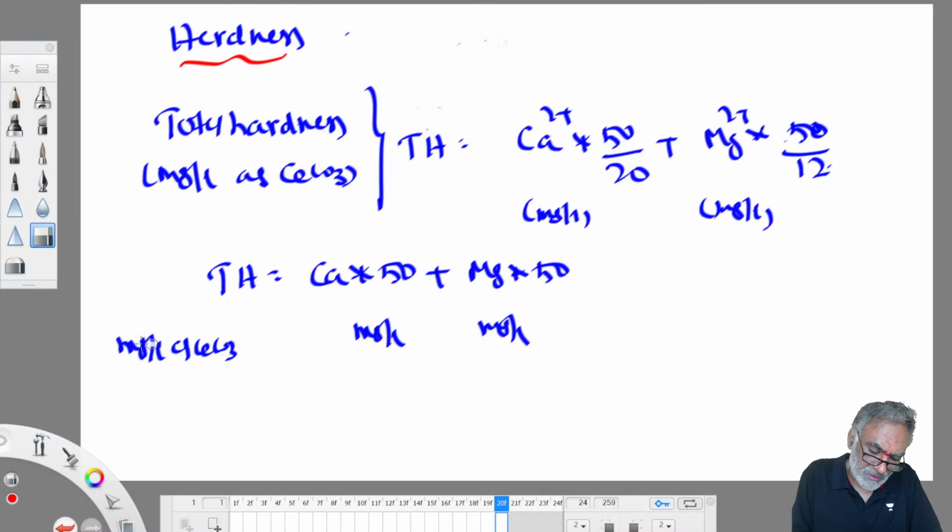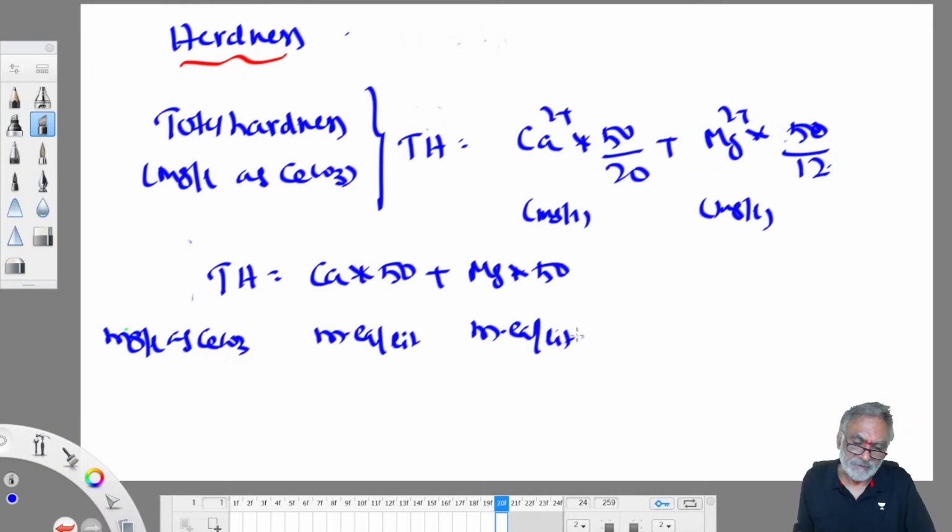That's how we work out hardness in water. This is also in milligram per liter as CaCO3. This is given in milli equivalents per liter.